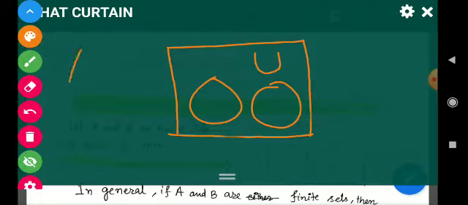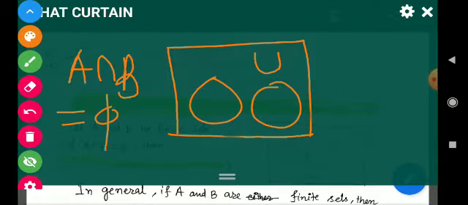So we already know how to represent two disjoint sets. Their intersection will be null.